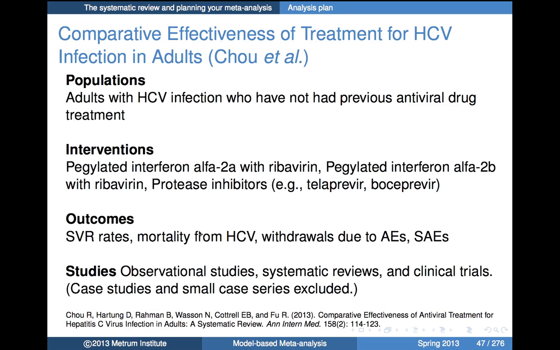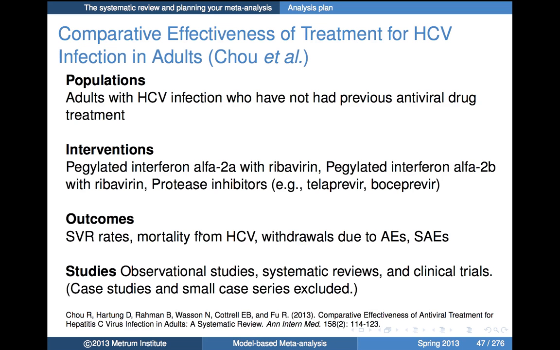So in here, they specifically defined what their populations were, what the interventions of interest were, what the outcomes of interest were, and what kinds of studies they were including. For the population, they were only interested in trials that recruited adults with HCV infection who have not had previous antiviral drug treatment. So for example, they were specifically excluding trials where they recruited patients who had failed antiviral drug treatment.